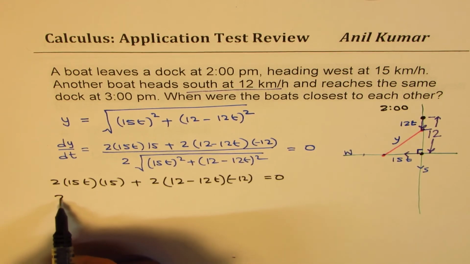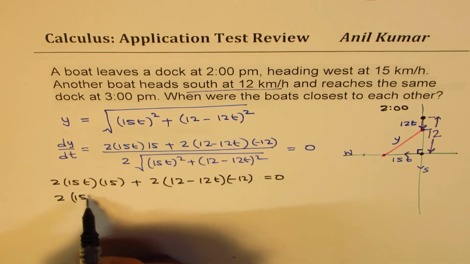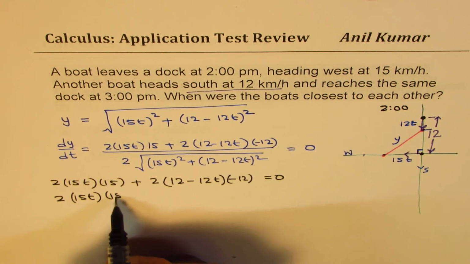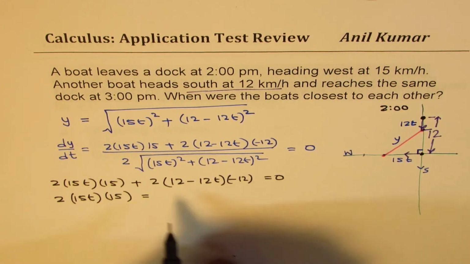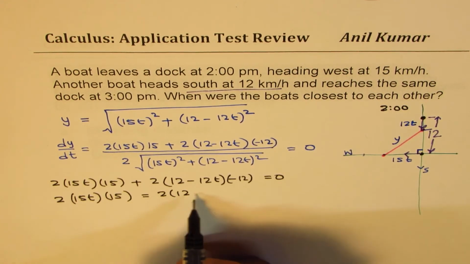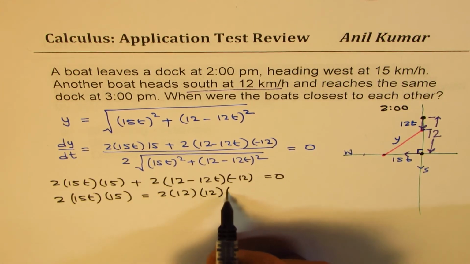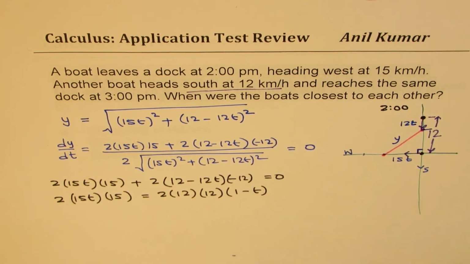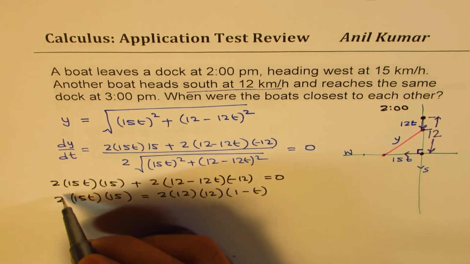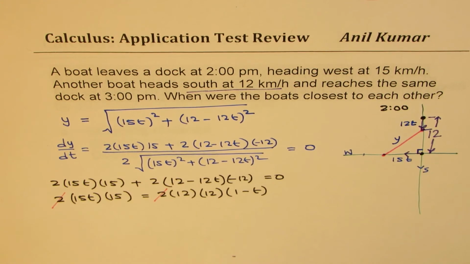So we'll write this as 2 times 15t times 15 equals 2 times 12 times, we'll take this 12 also outside, 12 times (1 minus t). Is that okay? Now we can easily simplify. Let's cancel these 2's first, and we can simplify by dividing.